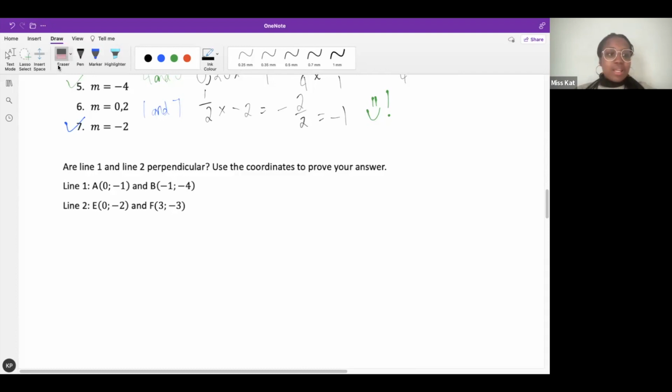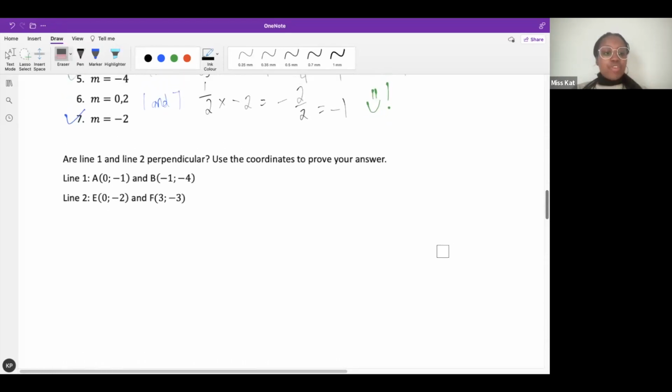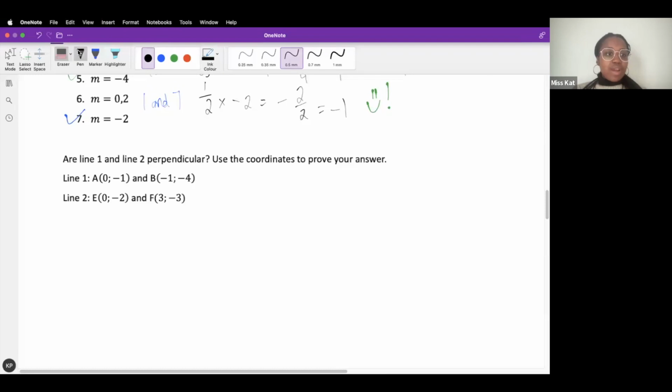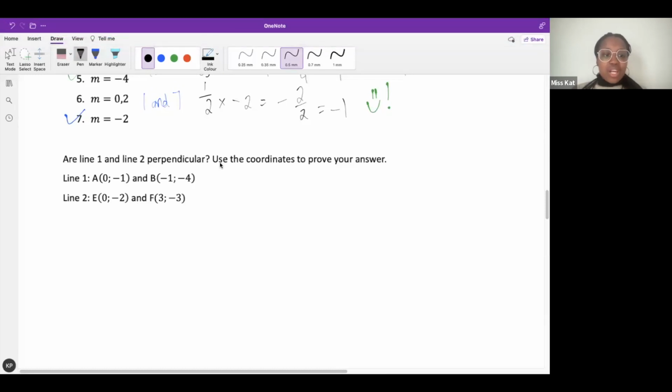Thank you. We're going to use these coordinates to calculate the gradient. So you first have to find the gradient of line 1, find the gradient of line 2, check if they are reciprocals with opposite signs, and then check if they multiply to -1.